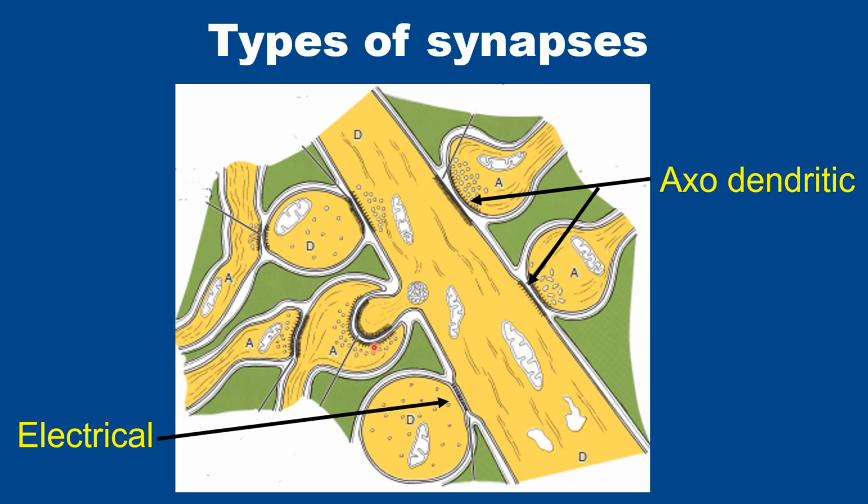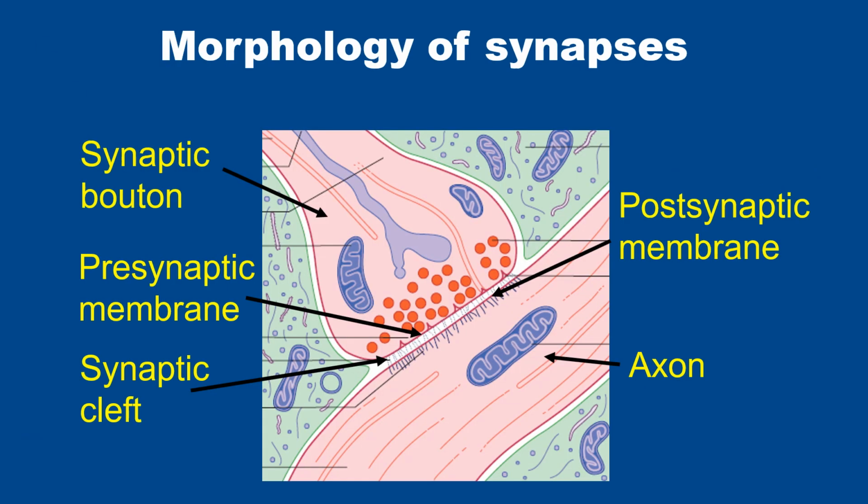Morphological types of synapses are axodendritic, axoaxonal, axosomatic, dendrodendritic, and several other types. Classically, the axon terminal ends as a synaptic button, which contains synaptic vesicles, mitochondria, and neurotubules.